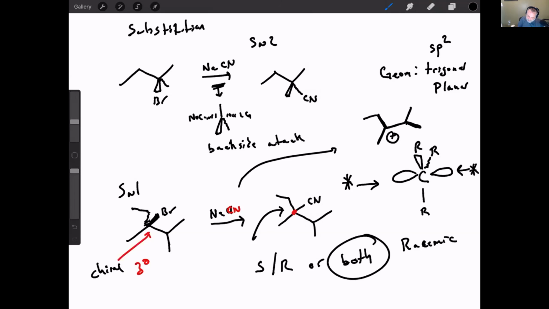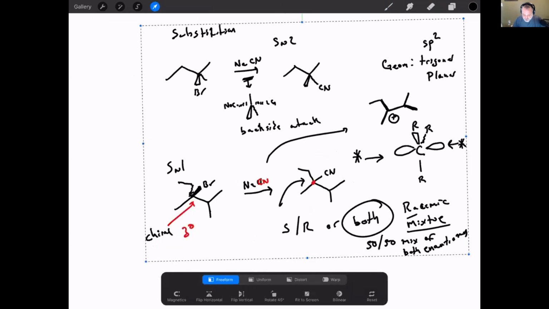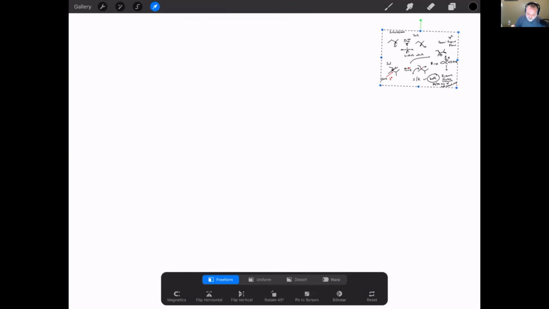Racemic mixture, and that means a theoretically 50-50 mix of both enantiomers. Thank you, Shelley. Racemic, R-A-C-E-M-I-C. So it's a 50-50 mix of both enantiomers. In reality, though, it's not quite racemic.